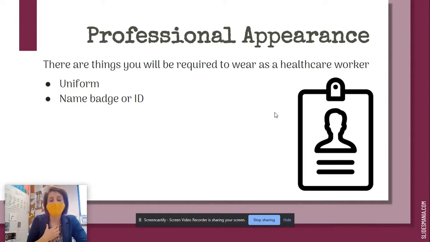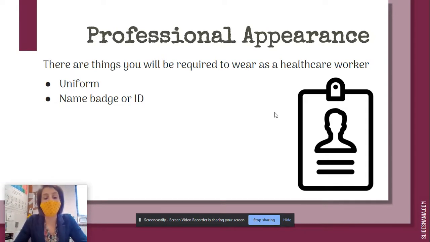In some places, as a nurse, you have to have the big RN underneath it to make sure that people know that you're a registered nurse versus an LVN or something like that. But you have these name badges, just like the name badges now for the school system that scan so that you can get into different buildings. Our name badges at the hospital did the same thing, so we could get into supply closets and different parts of the hospital that are cut off to patients.